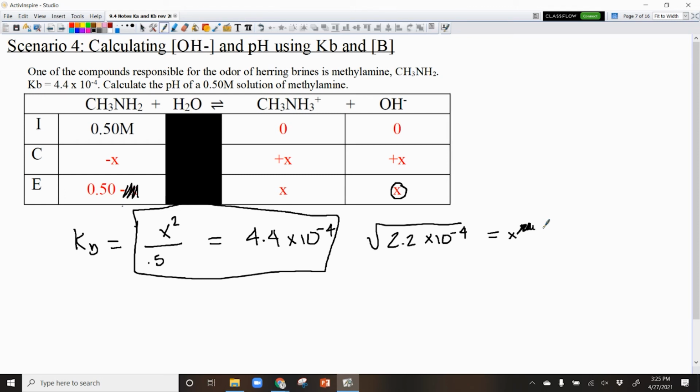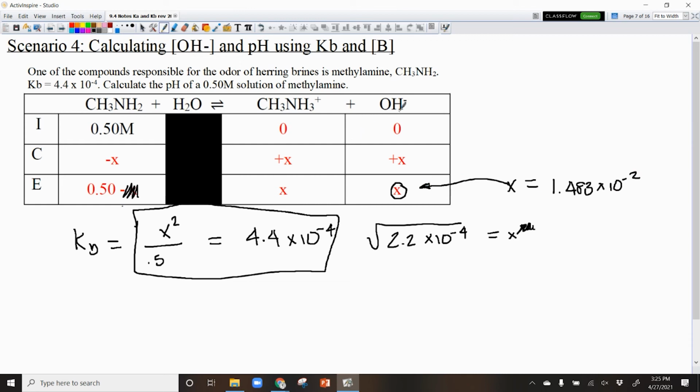Okay, so the square root of 2.2 times 10 to the negative 4. All right, and that's going to give us x is equal to 1.483 times 10 to the negative 2.